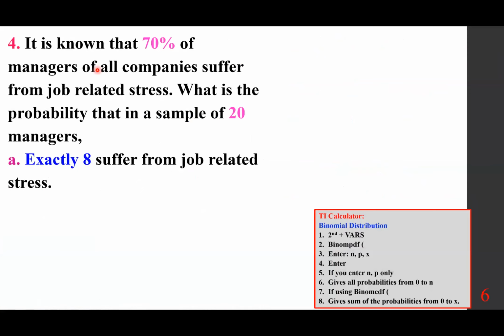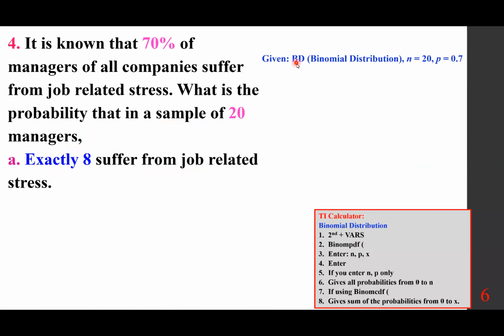It is known that 70% of managers of all companies suffer from job-related stress. What is the probability that in a sample of 20 managers, exactly 8 suffer from job-related stress? Part A. And again, this is reminding you of how we use a TI calculator. First and foremost, this is a binomial distribution.